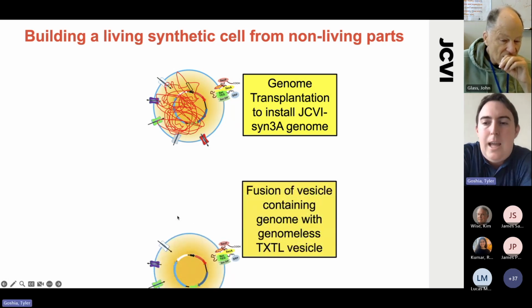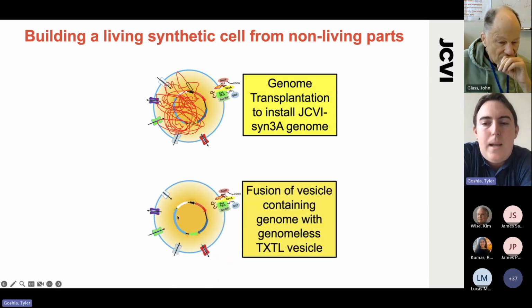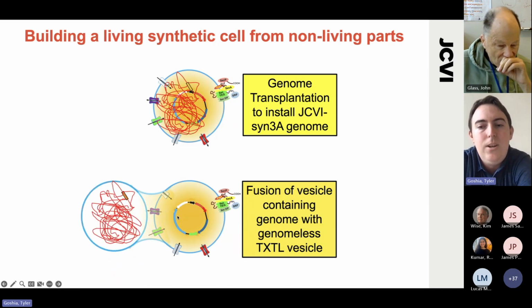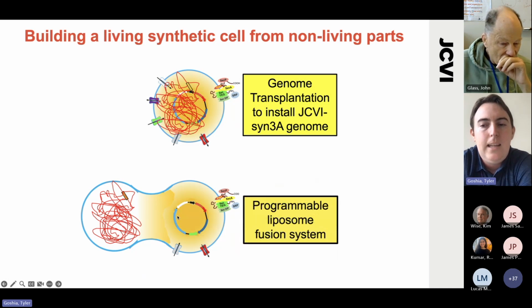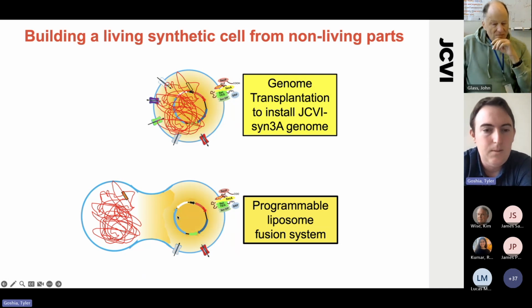The other chemical transplantation method we have in mind is to fuse 2 lipids containing the SYN1 genome and the TXTL system. Our collaborator Kate Adamala has recently developed a method called programmable liposome fusion to initiate this in an easily controllable way, which I'll explain in the next slide.